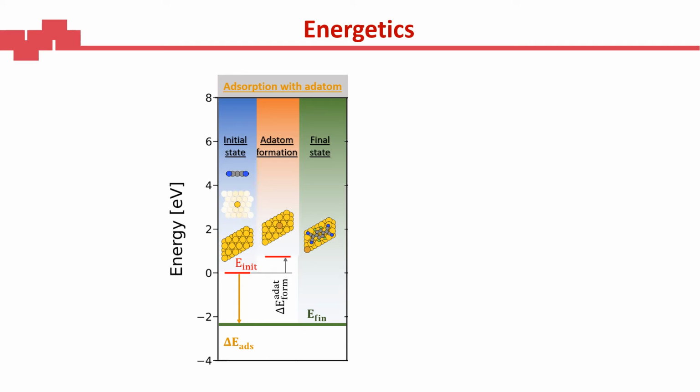So if the incorporation of adatoms within the adlayer would increase the adsorption energy of the molecule so much that it could make up for the formation energy of an adatom, then the molecules could extract as many adatoms from the bulk as they would need to form the energetically most ideal adlayer. And that's exactly what happens when F4TCNQ adsorbs on the gold 111 surface.